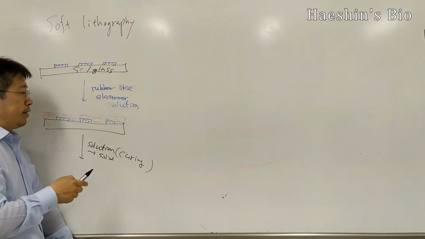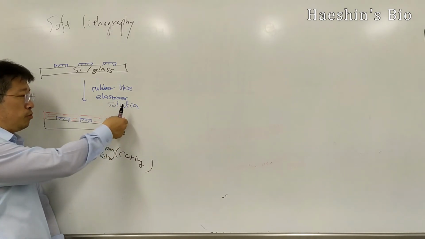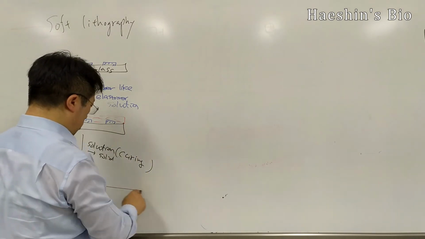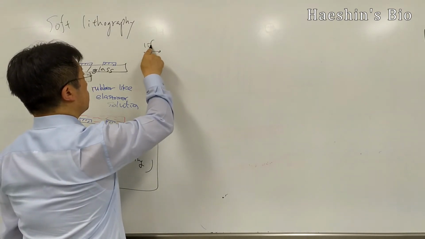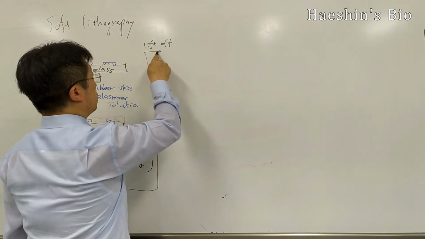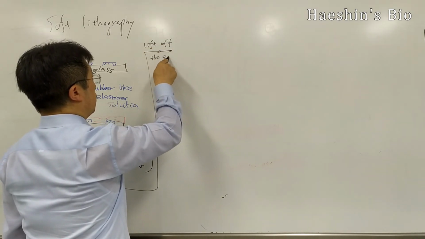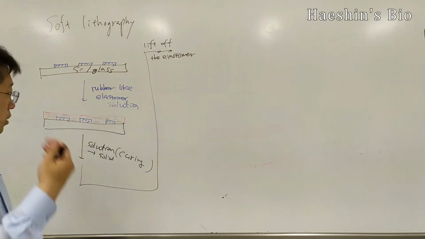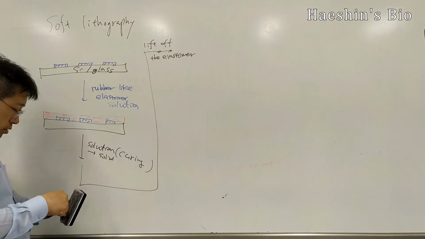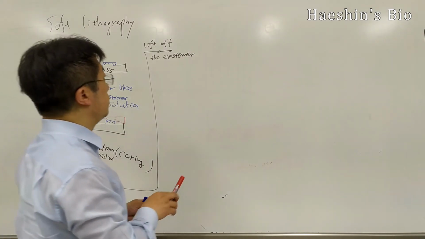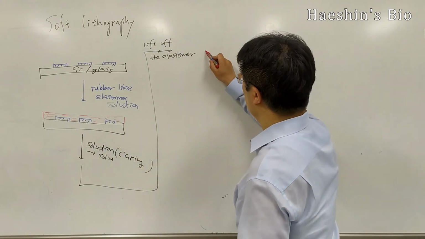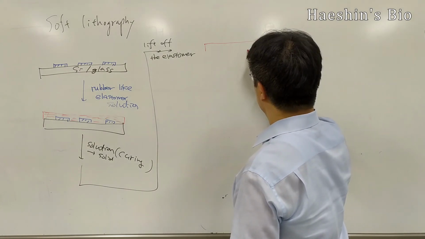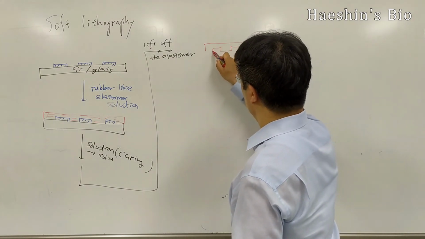You cure to make a solid, and then you lift it off. Then what you end up with is the red elastomer that has 1, 2, 3. That looks like this.